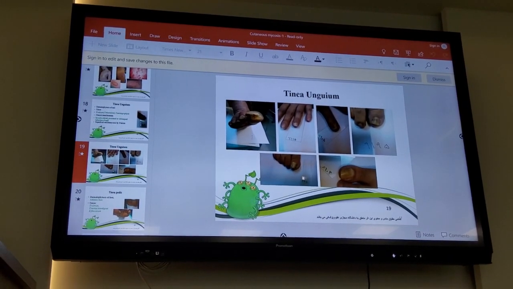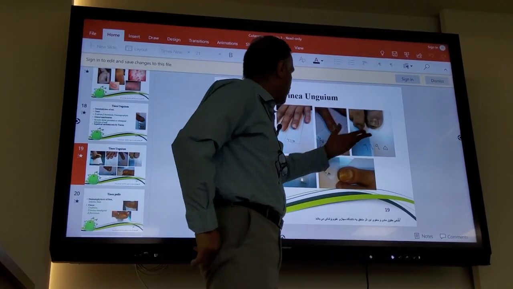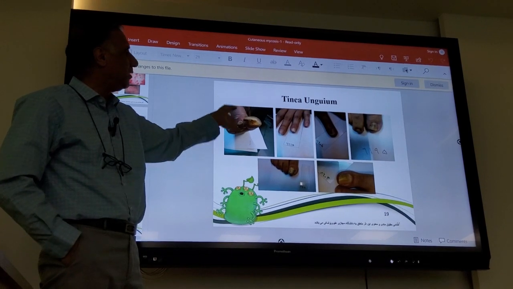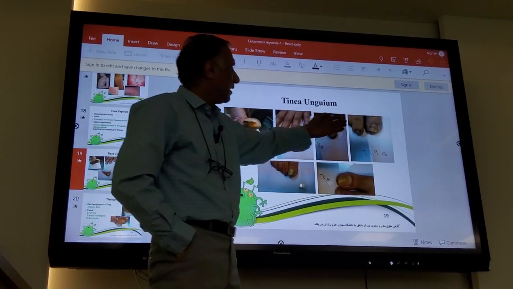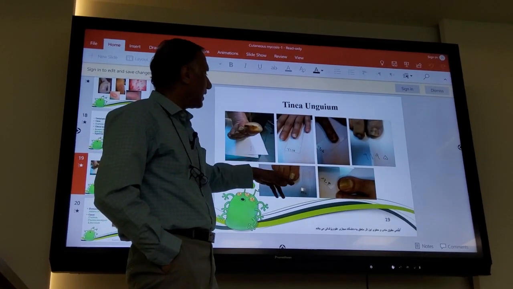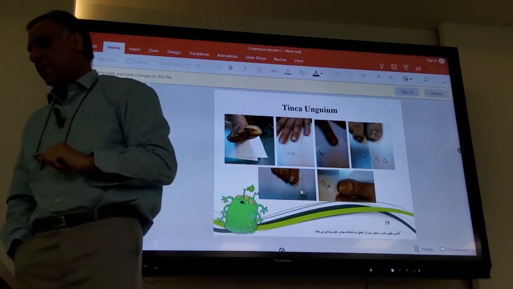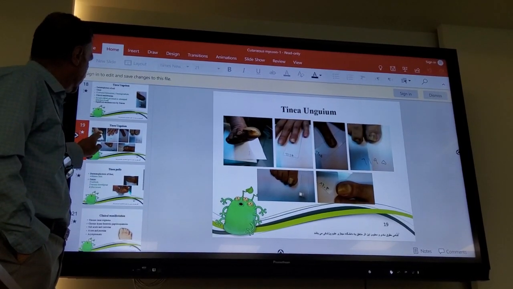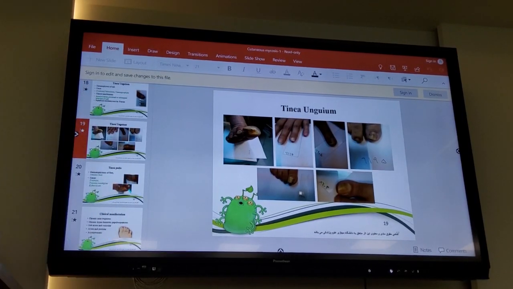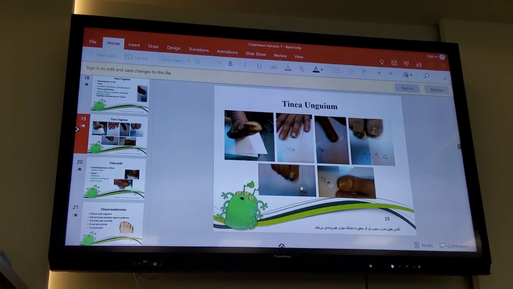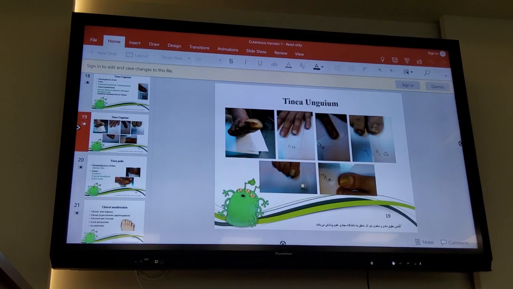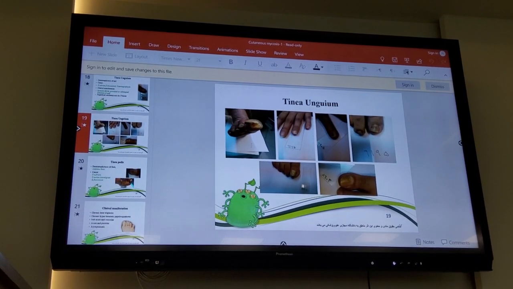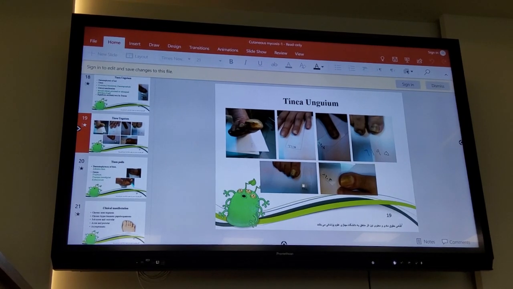Usually one nail is infected, but sometimes you can find multiple lesions in all fingers or toenails. When a patient's nail is affected by dermatophyte, at first you see a change in the color of the nail, to white or yellow.